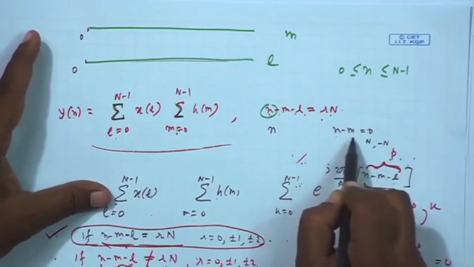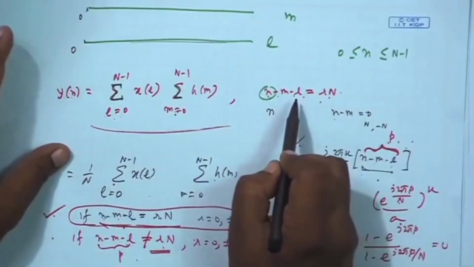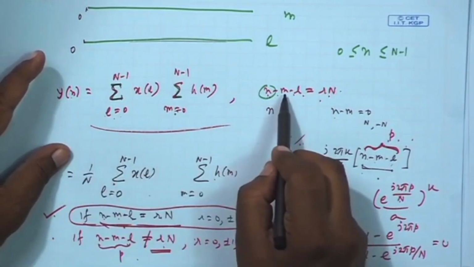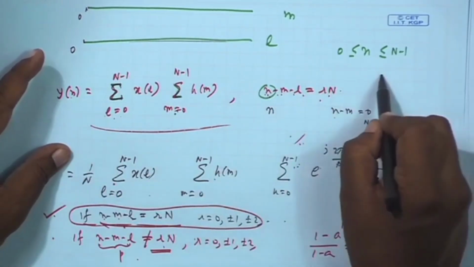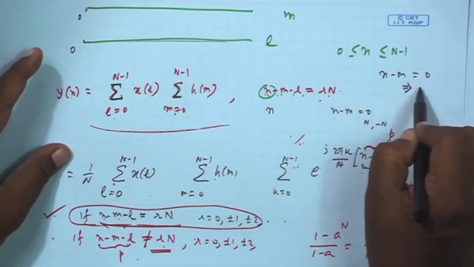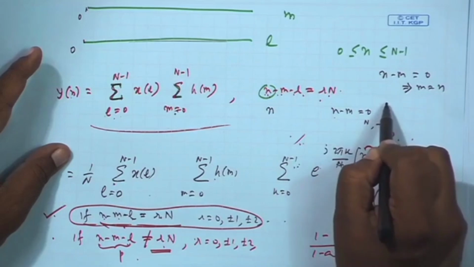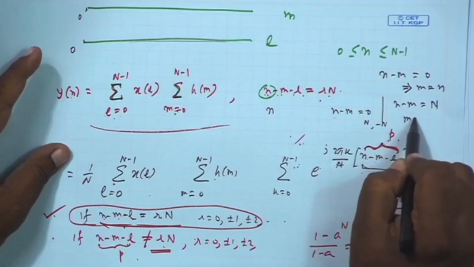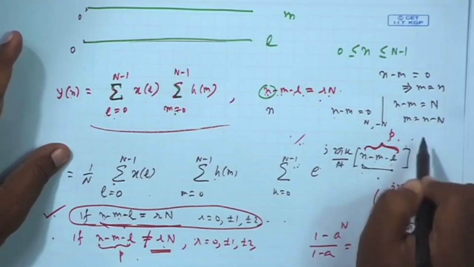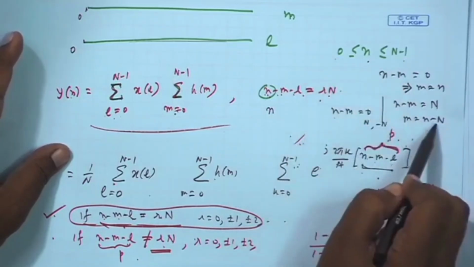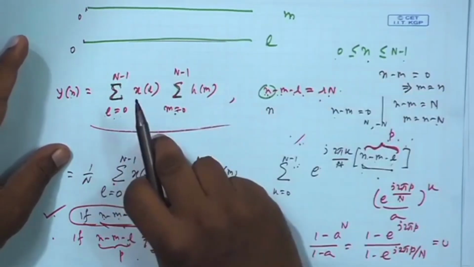I repeat again, I am taking L as 0. If L is 0, what is the possibility of M? N minus M minus 0 should be either equal to 0, which means m is n, or if it is capital N, then small m will be n minus capital N, but that is not allowed, because if n is within this range and you subtract capital N, you are going outside the range to the left.